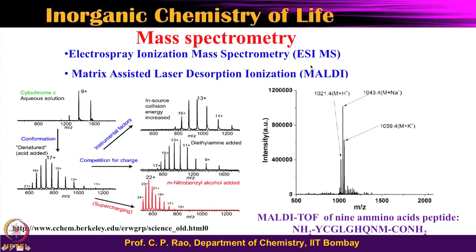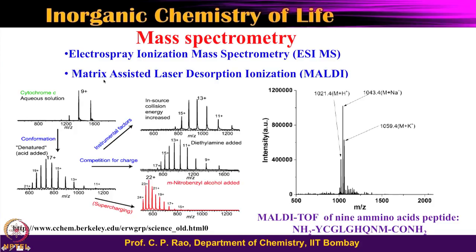Both of these will not bring much breakage in the molecule, but just make a soft ionization. These are all soft ionization processes. In electrospray, a solvated electron gets added to your molecule and converts it into an ionizable species, and that species you are measuring.